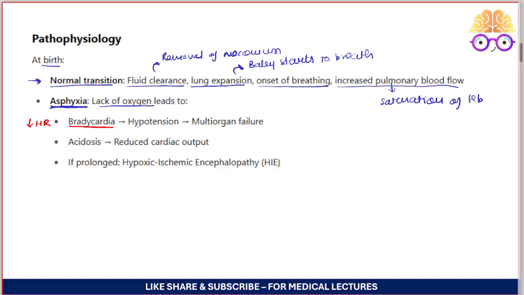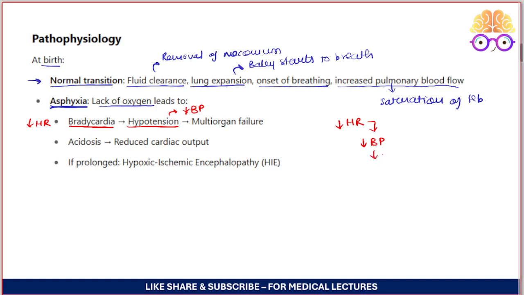When there is a decreased heart rate, the cardiac output will be less, hence there will be a decrease in blood pressure. So let's write it down here: decreased heart rate will lead to decrease in blood pressure.